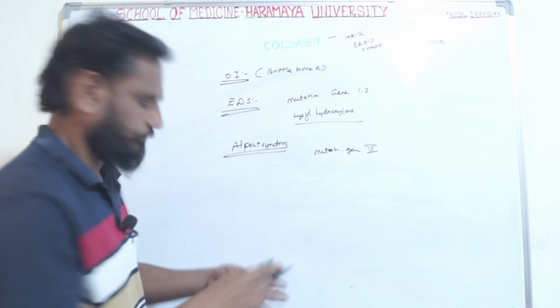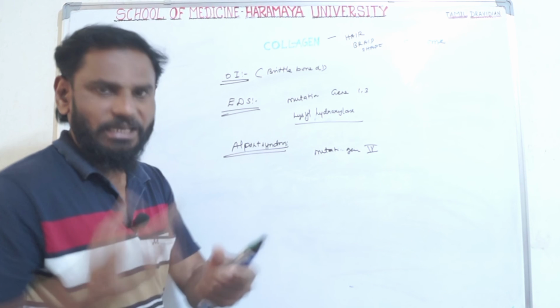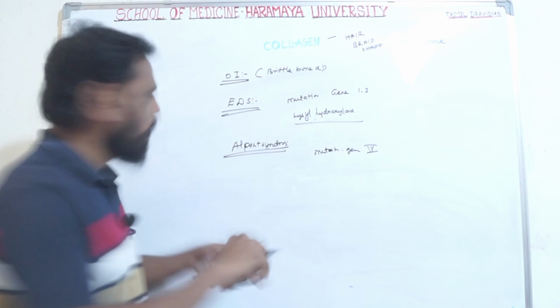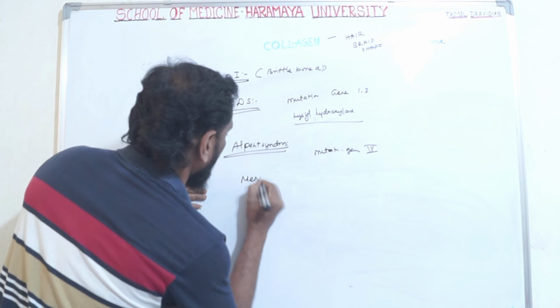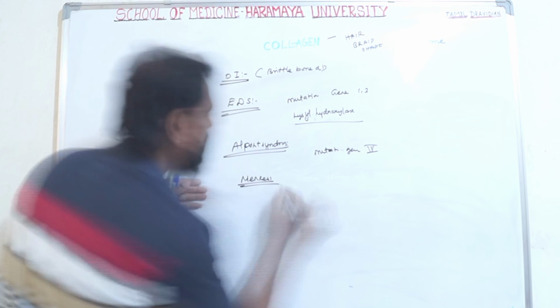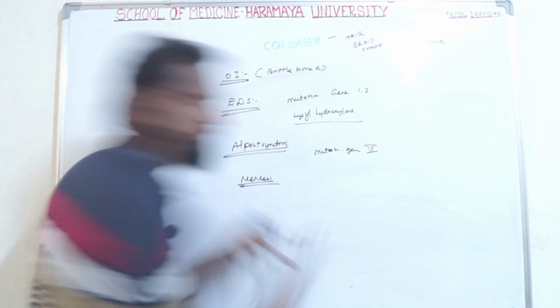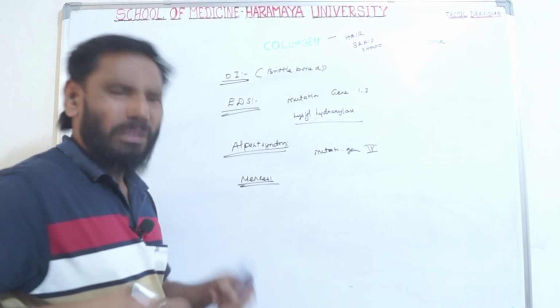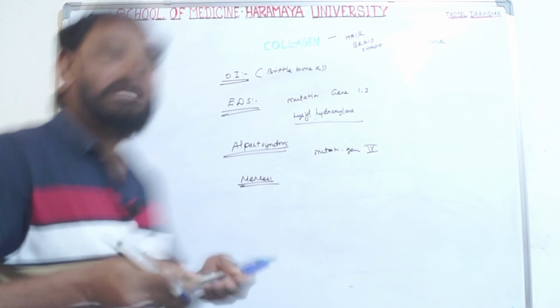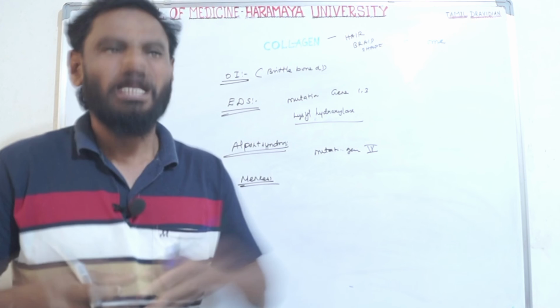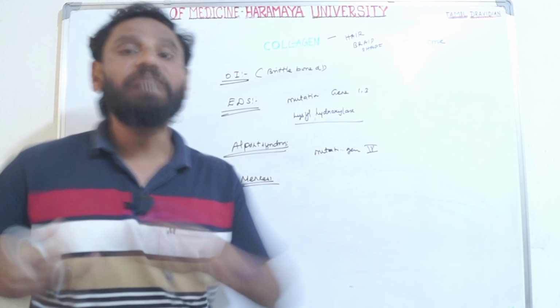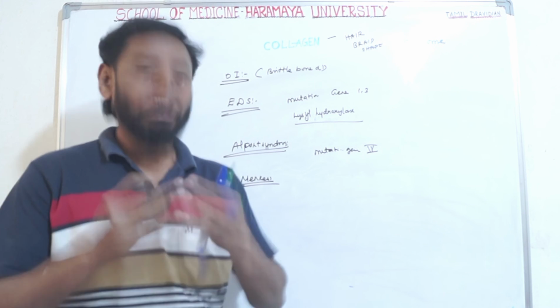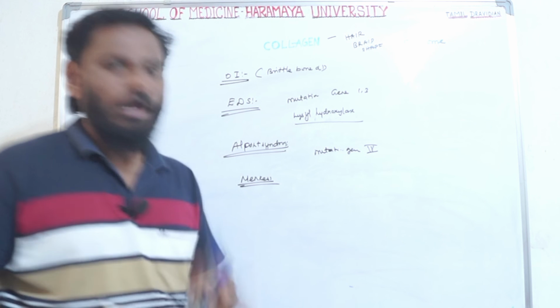Clear? Then next one is called Menkes disease. Here there is poor or very little absorption of copper from the intestine. So that is called Menkes disease. Clear?